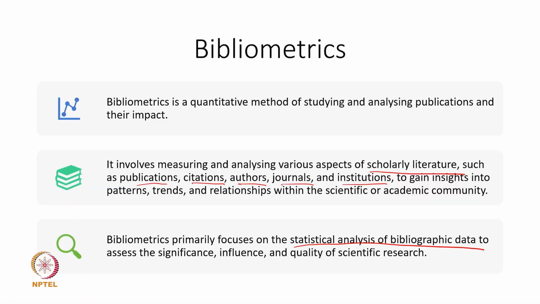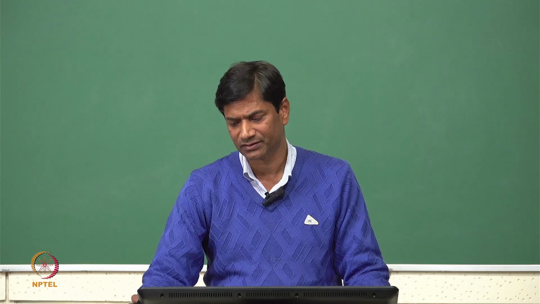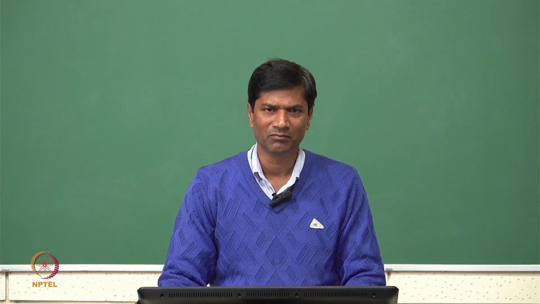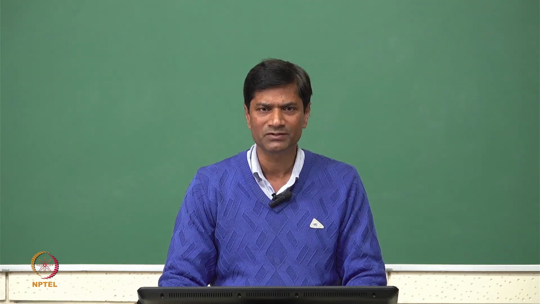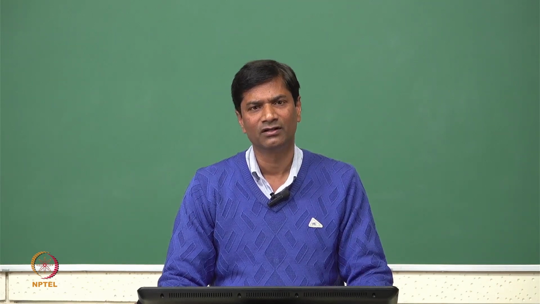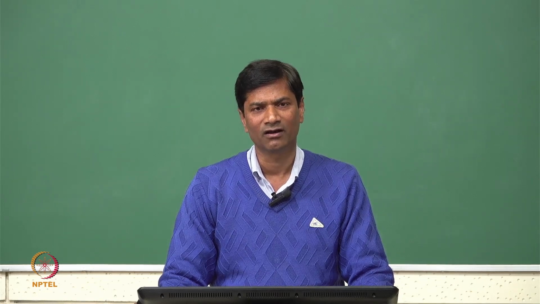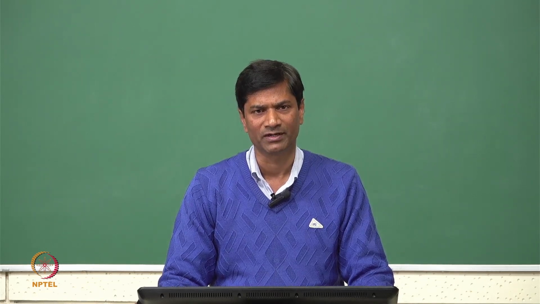All these aspects of the data are covered in the scope of bibliometrics. Some of the key aspects used in bibliometrics are publication count. I am not going to discuss in detail, but I am just going to give a glimpse of how they work, what they are, and what their scope is in bibliometrics.